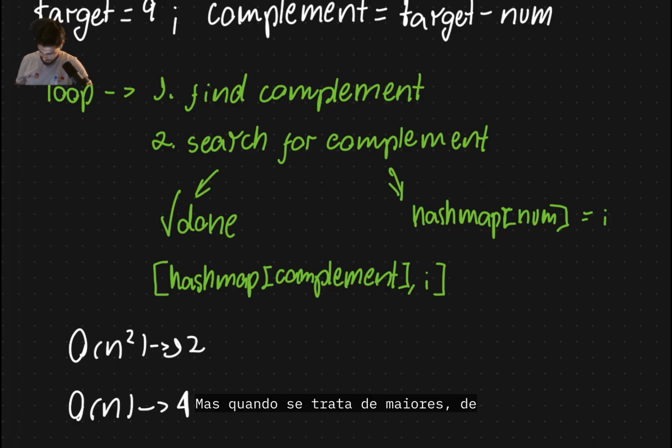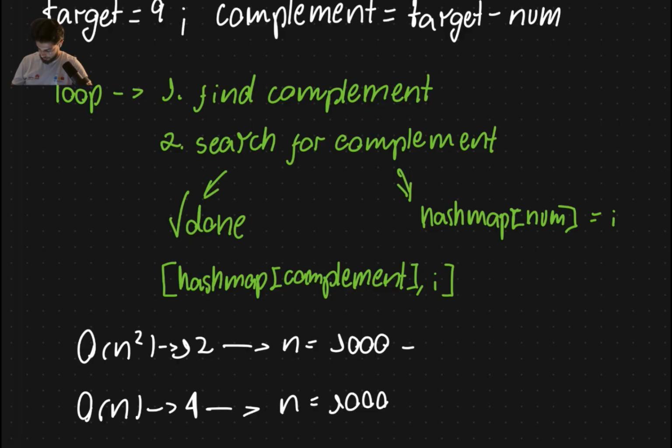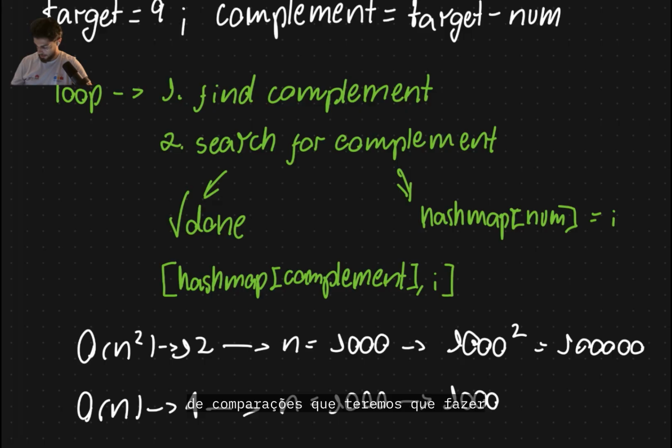But when it comes to bigger numbers, for example, for an n equal to 1,000, we're going to have 1,000 squared comparisons, which is equal to 1,000,000 comparisons we'll have to do, while here we only have 1,000 comparisons.